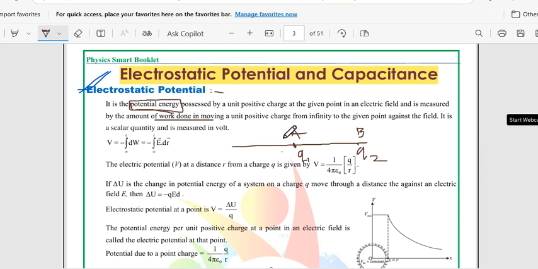So an electric field is present in this region. Now, electric potential at a point P. Let us consider a point P here.